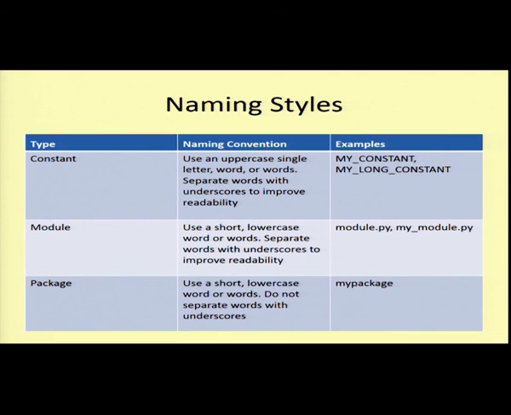And as far as a module is concerned, it should be short lowercase, for example module, and it should have an extension of .py, like my_module.py. If it is a package, then again we are supposed to use lowercase, and we are not supposed to separate the words with underscores. So these are some of the naming styles.